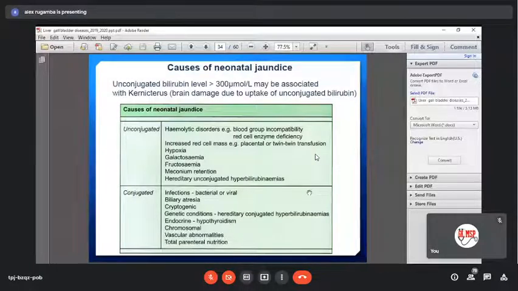So the bilirubin will appear in the skin or eyes, the yellow color.